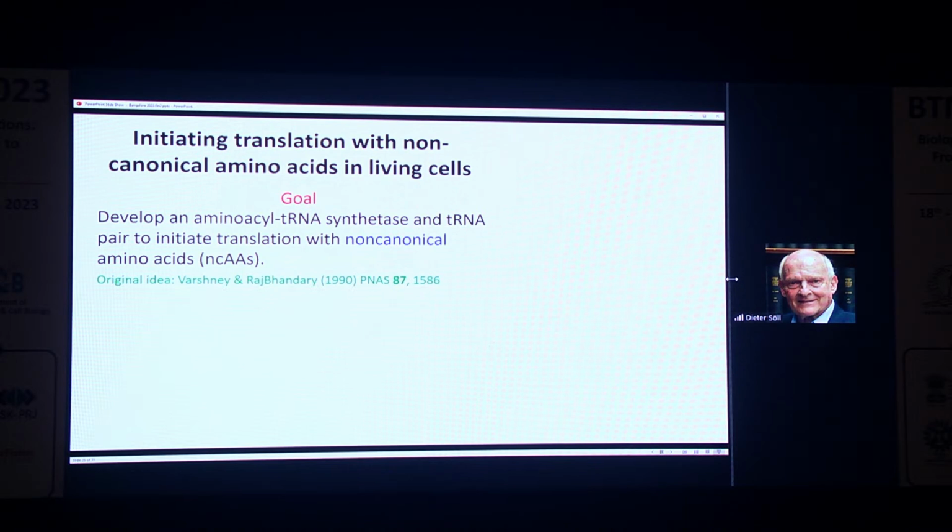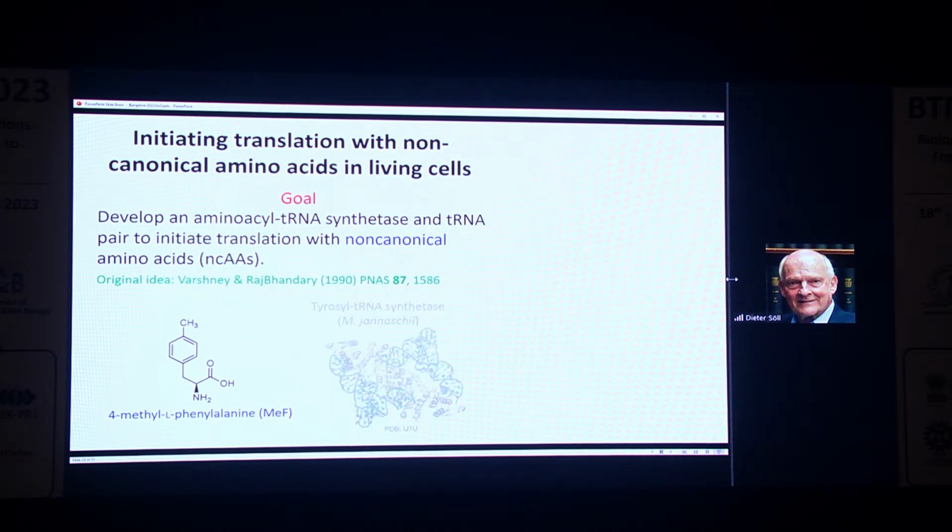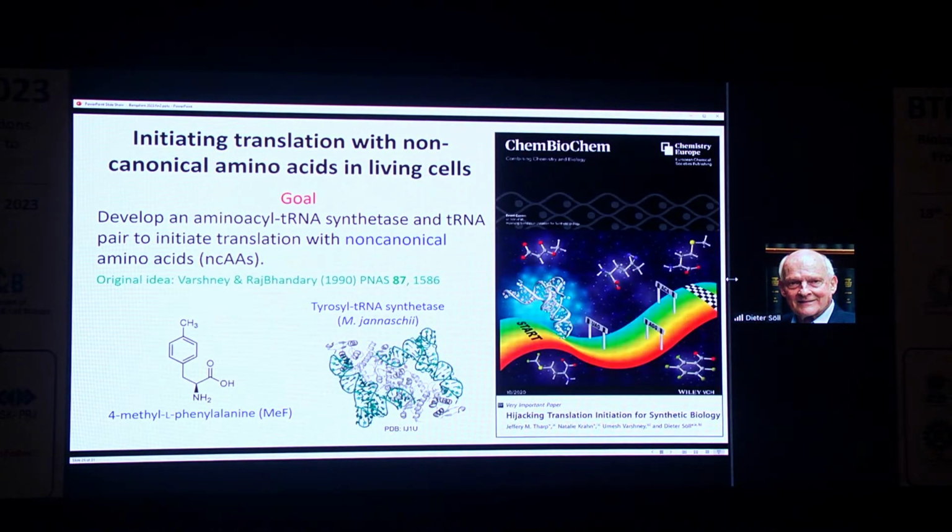Okay. So we borrowed the idea from Raj Bhandari and Varshney, and Tom talked about this in his introduction. So 4-methylphenylalanine and tyrosyl tRNA synthetase from Nashi was taken. And with this, we had a very nice paper that had the cover of the journal, with Umesh Varshney.